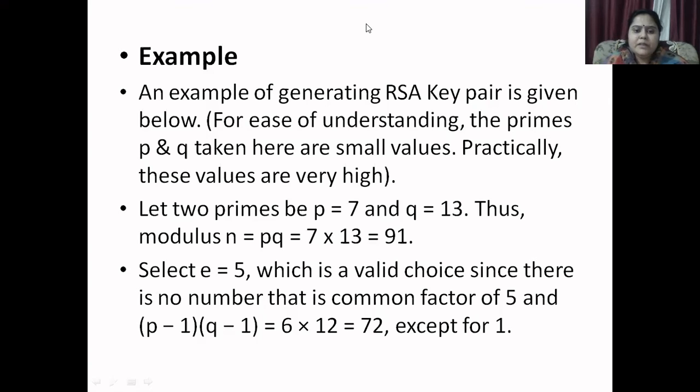Let two prime numbers be P equals 7 and Q equals 13. Thus, modulus N equals P into Q equals 7 into 13 equals 91. Select E equals 5, which is a valid choice since there is no number that is a common factor of 5 and (P minus 1) into (Q minus 1) equals 6 into 12, that is 72, except for 1.